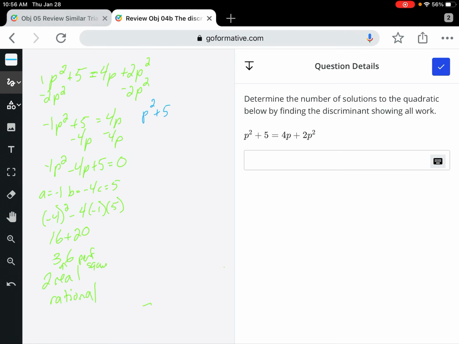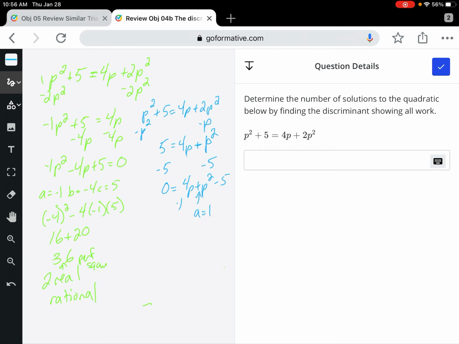If you went the other way, so I had my p squared plus 5 is equal to 4p plus 2p squared. I'm going to subtract my p squareds. So that's going to be 5 is equal to 4p plus, excuse me, p squared, or 1p squared. I subtract 5, I end up with 0 is equal to 4p plus p squared minus 5.